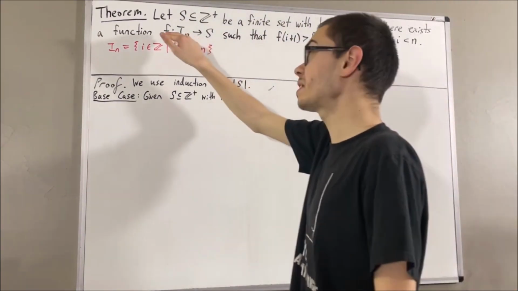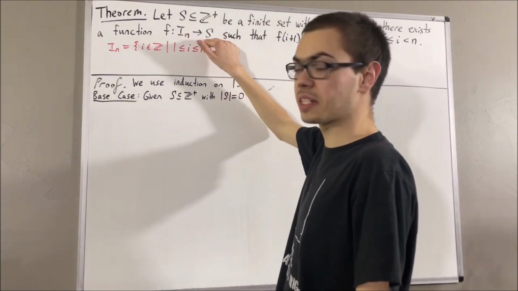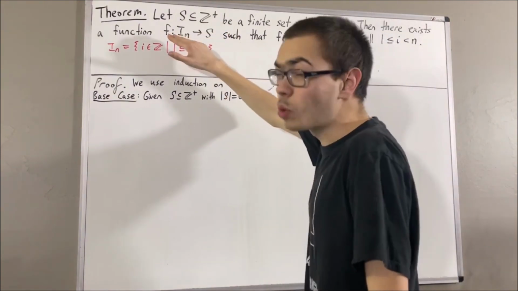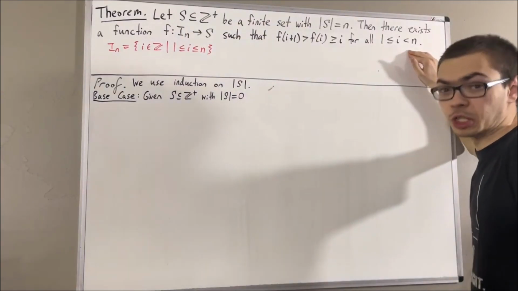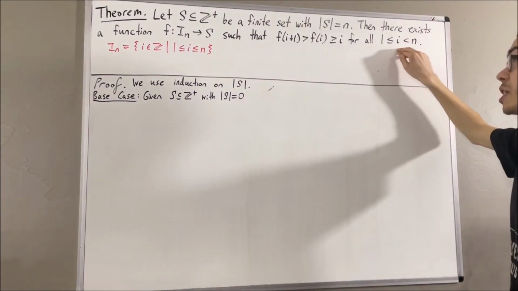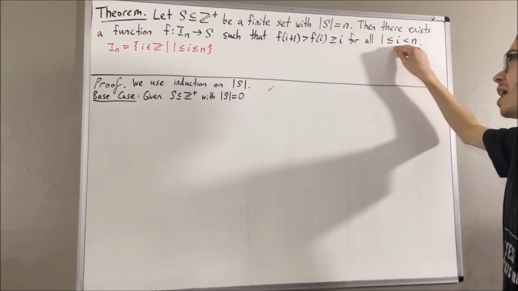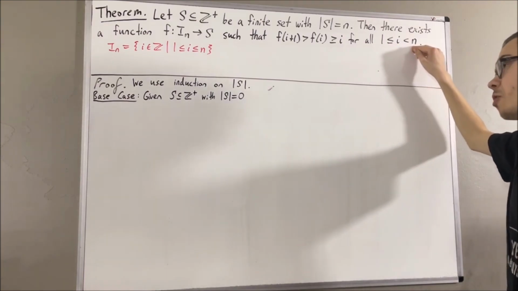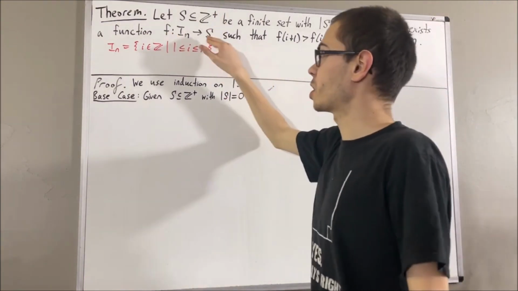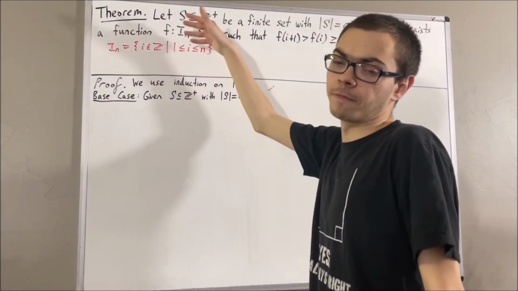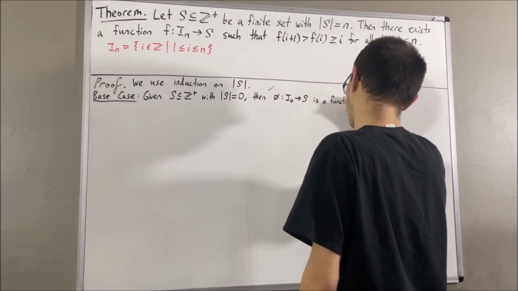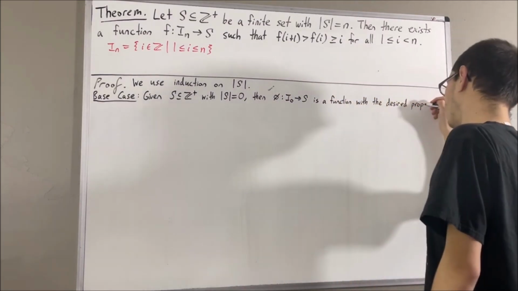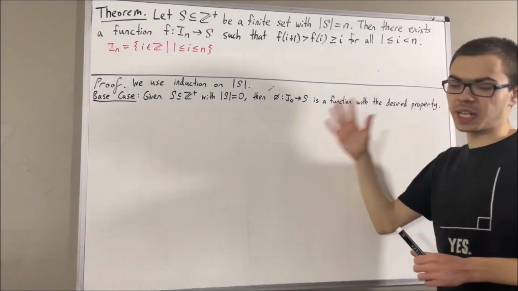The empty set is a function from the empty set to the empty set, and no matter what we choose our function to be, this statement will be vacuously true, because there is no integer i such that 1 ≤ i < 0. So if we take this function to be the empty set, that's a valid choice. So this completes the base case.